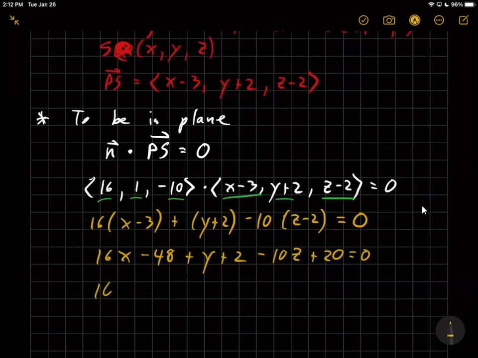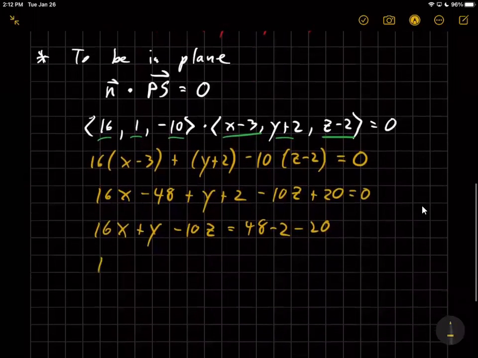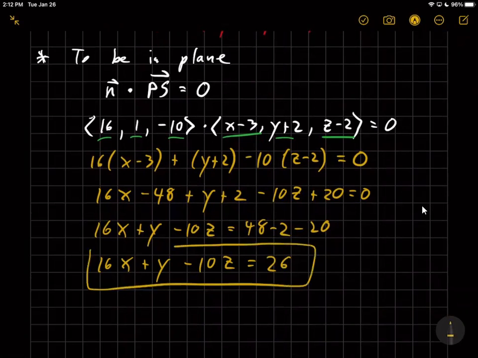Let's combine like terms and take the other things to the other side: 16x plus y minus 10z should equal 48 minus 2 minus 20, so 26 should be our final answer.